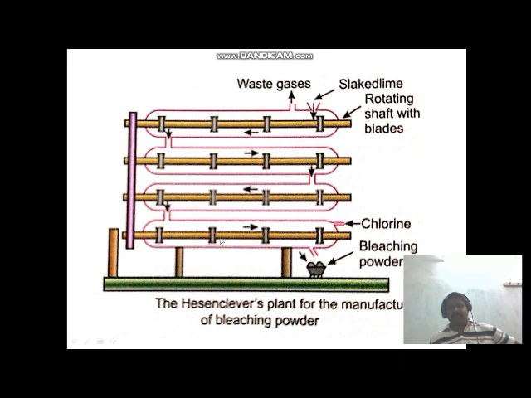If you observe, these shafts are always in a rotating position. That means they will rotate like this.